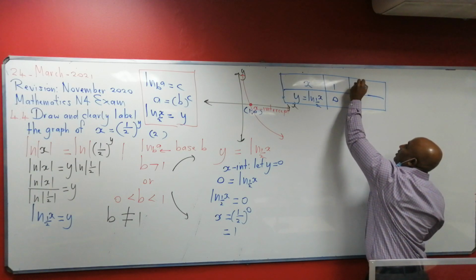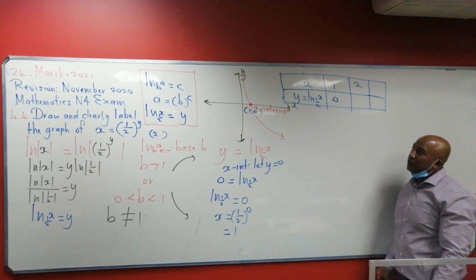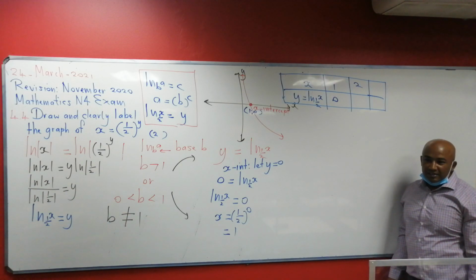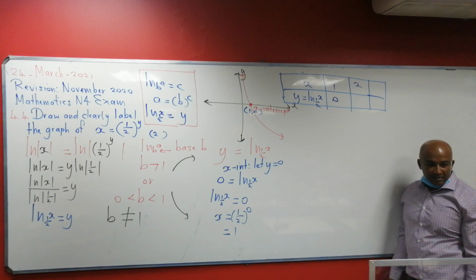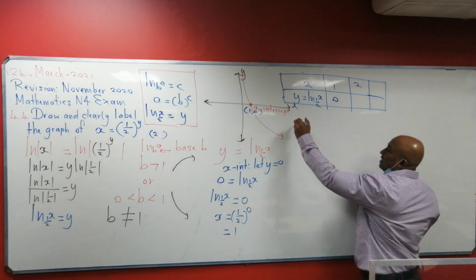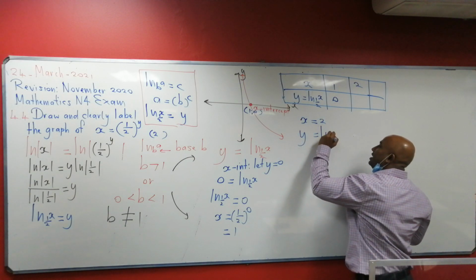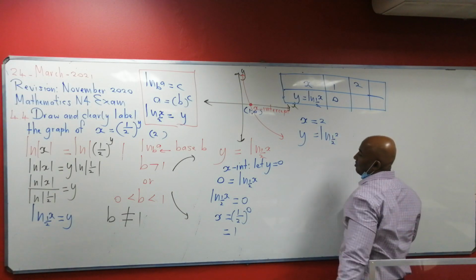Let's try a few more values there, just for practice. When x is equal to 2, what is y going to equal to? You can use your calculator if you want to. Put ln 2. So now, when x is equal to 2, y is equal to ln 2 to the base half.